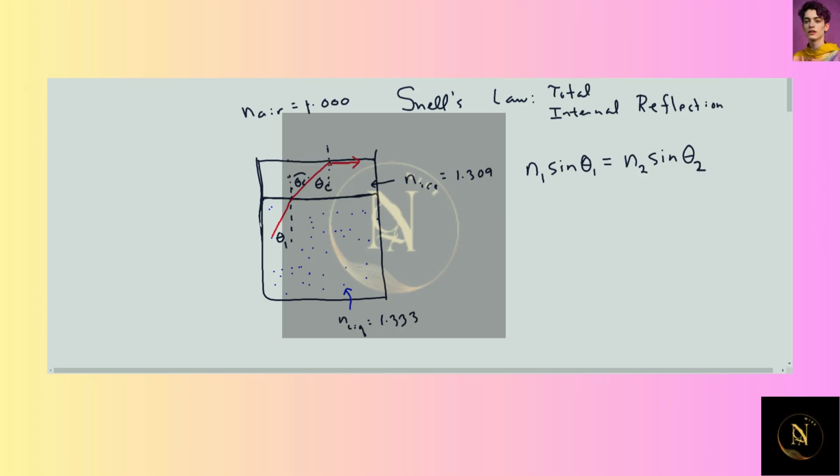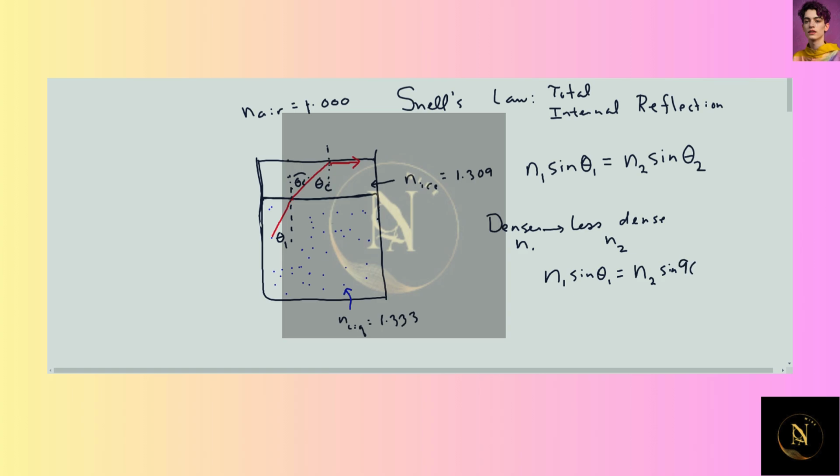If you are starting in a denser material, going to a less dense, there will be a critical angle. So let's say N1 is denser and N2 is less dense. The angle can come out at 90 degrees. So N1 sine of theta 1 is equal to N2 times sine of 90 degrees.